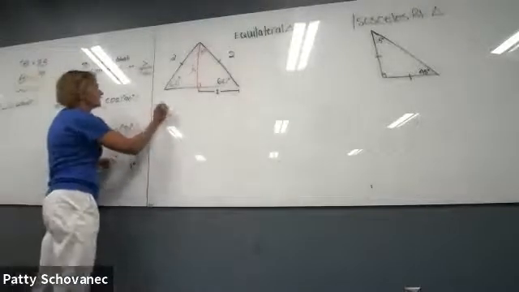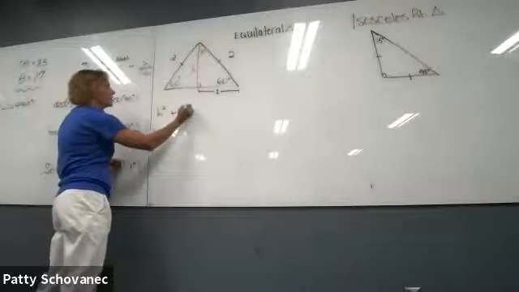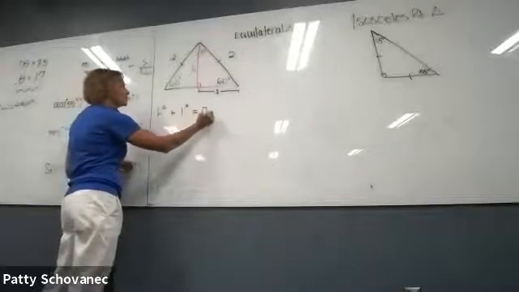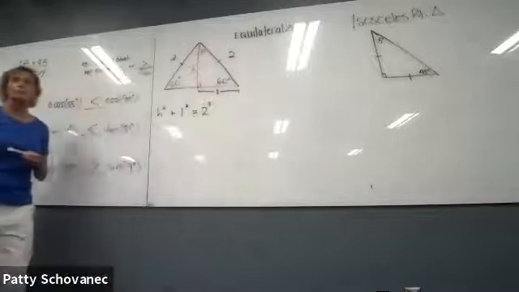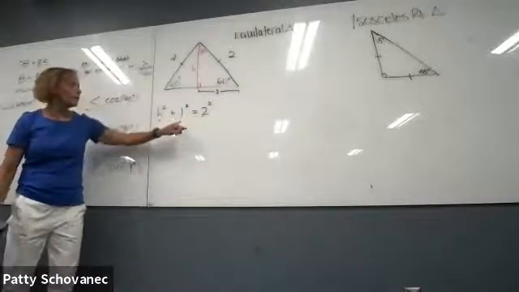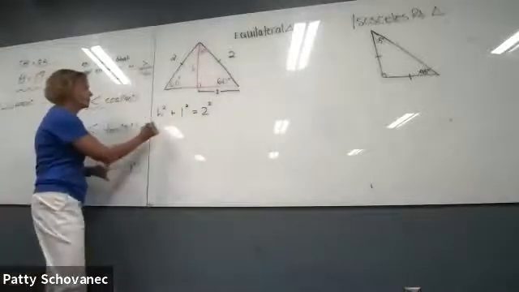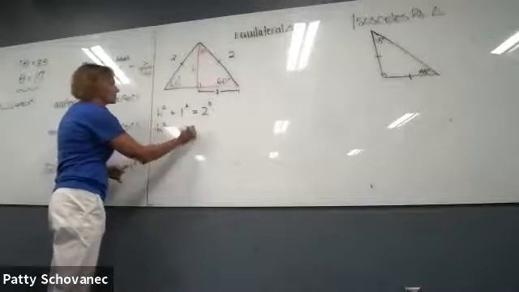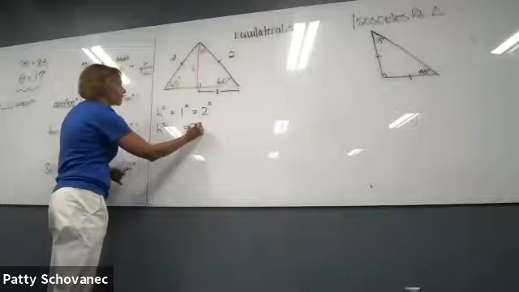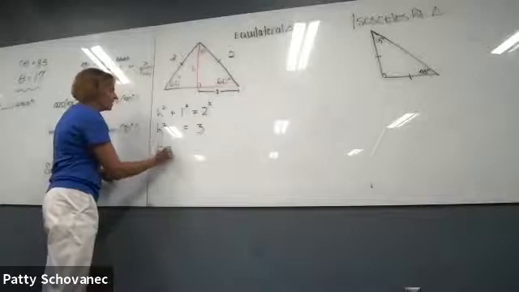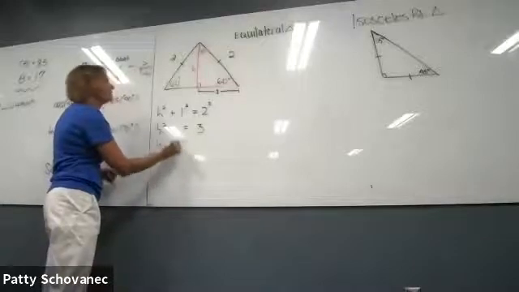That h squared plus 1 squared is equal to 2 squared. So I have 4. I'm going to take this 1 away from there. So 4 minus 1 is 3. So do you agree that h has a length of the square root of 3? Yes.